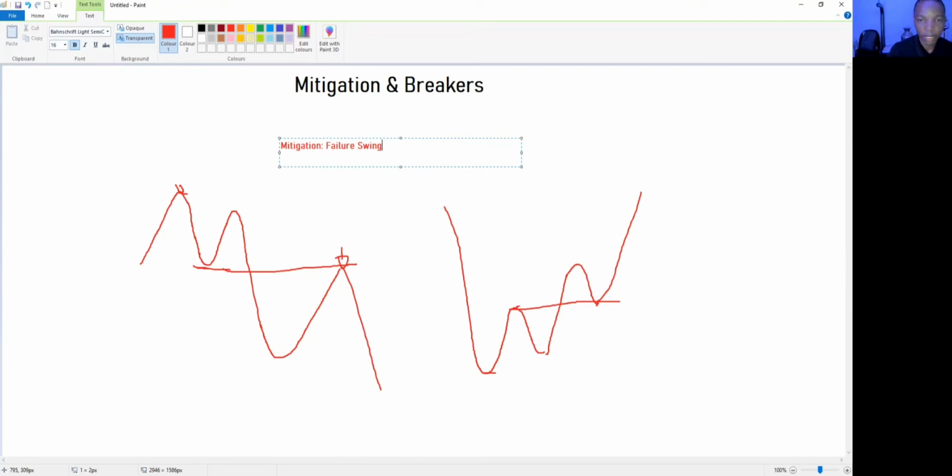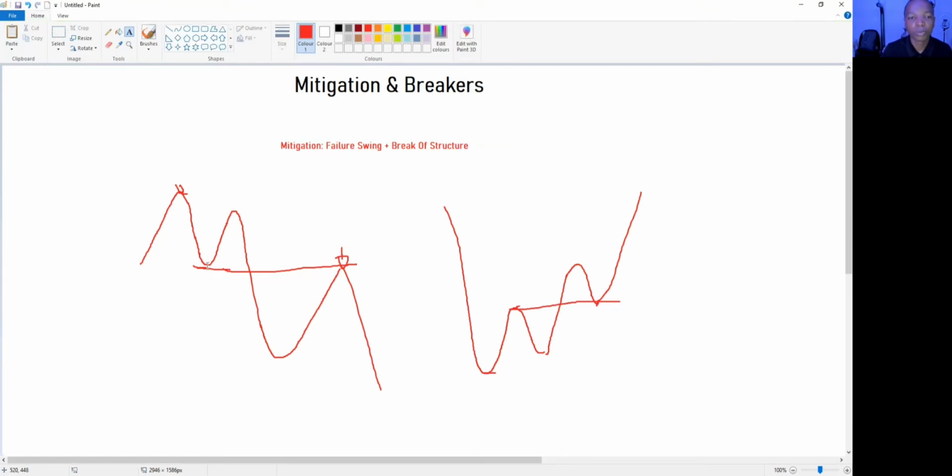And then you have a break of structure. So this area over here, where it was your swing low, the market will come back and retest it. And obviously, I'll show this on a live market.